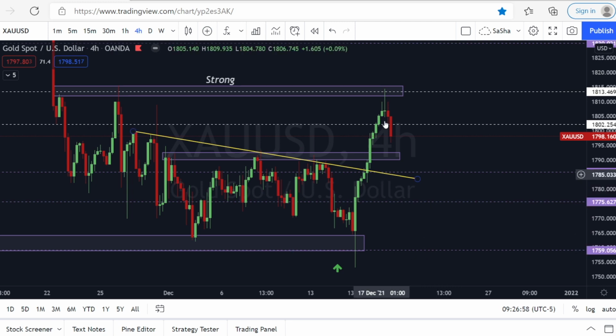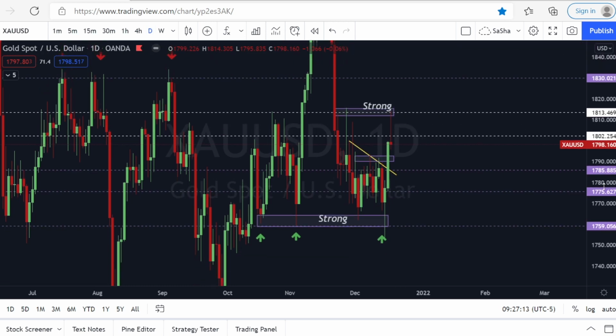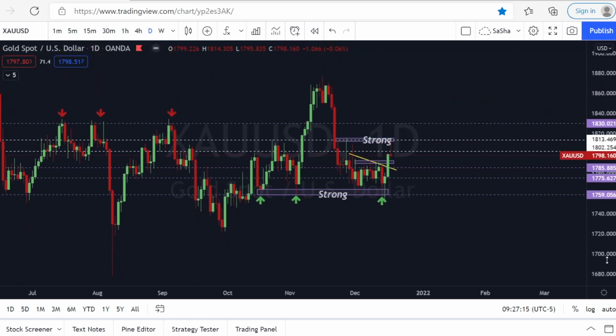or if we are going to continue moving down and fill and correct the whole move up, and then take a buy position from here again to retest any of these areas and continue moving to the downside, because we can also see we are on daily kind of forming a head and shoulder pattern, right?